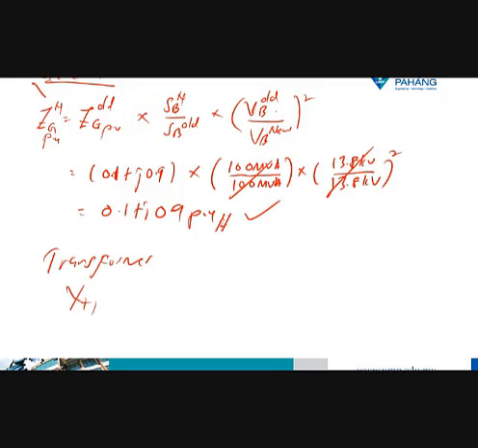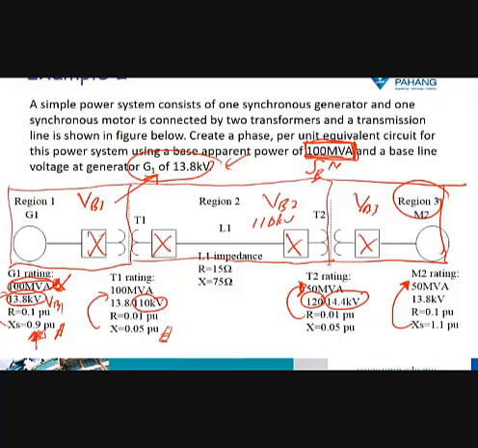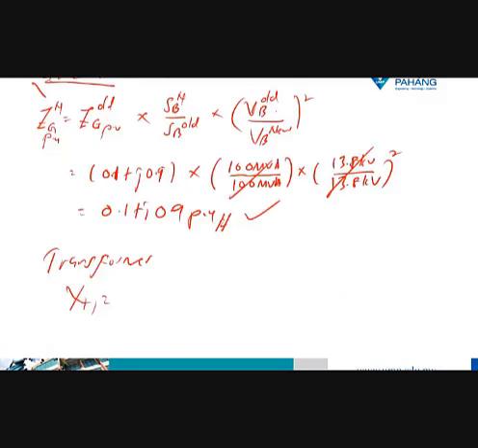Now the transformer also has R plus jX, so Z transformer. We use Z T1 per unit new equal to Z T1 per unit old.